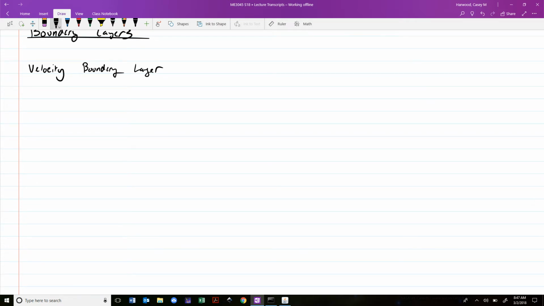The idea here is we're going to have some surface and there is some velocity upstream, or there's a fluid that's approaching the surface with some velocity that we'll call u infinity.